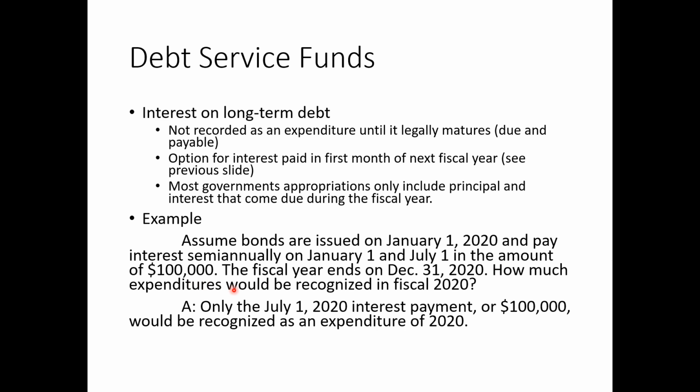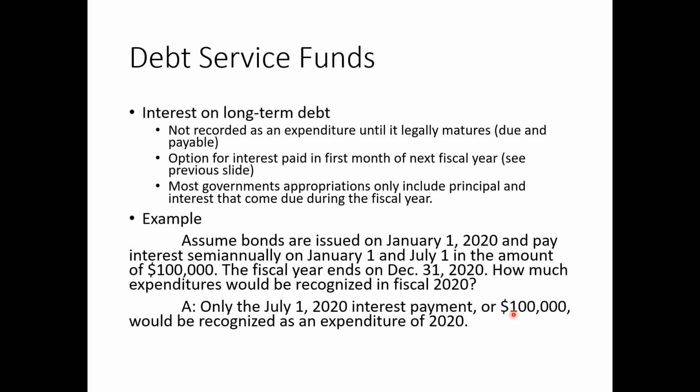How much expenditure will be recognized in fiscal 2020? Right, it's very clear that for fiscal year 2020, there is only one payment, $100,000, which is paid on July 1st. It's only one payment, so we can record a $100,000 expenditure.